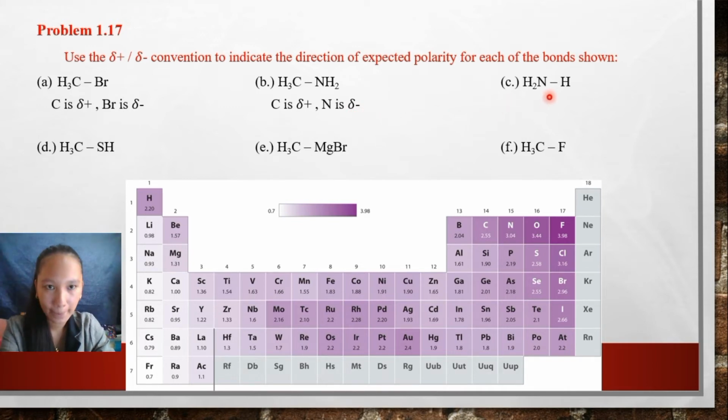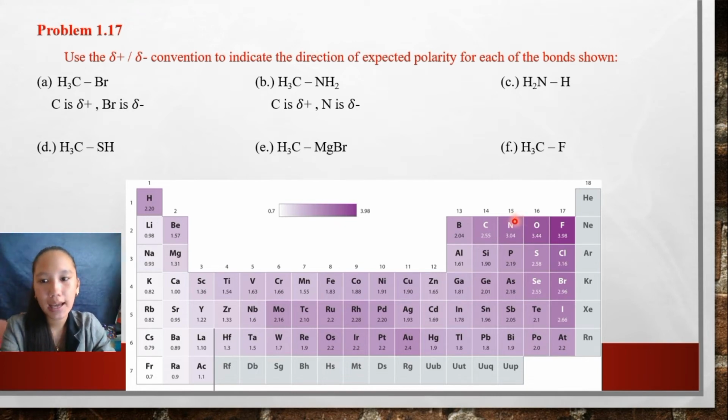Letter C, N and H. On our table we have here N and we have here H. H's electronegativity is 2.20 and N's electronegativity is 3.04.